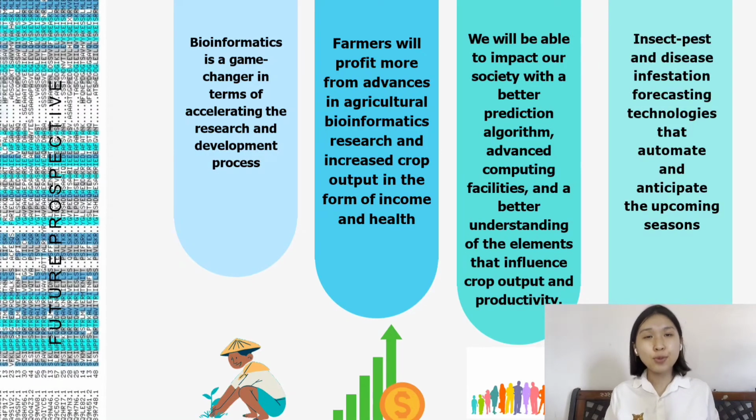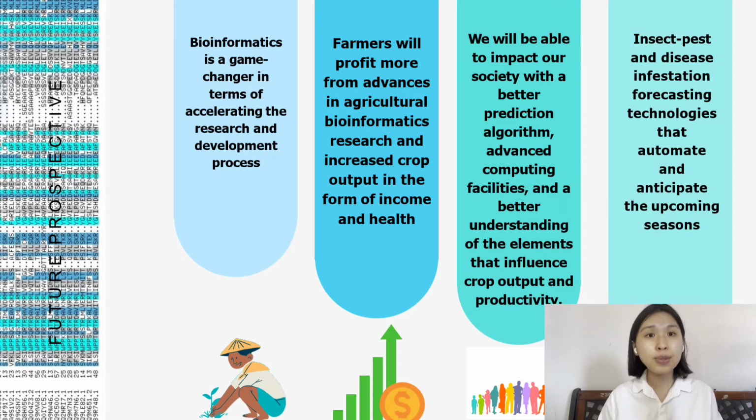Next, let's move on to the future perspective. Firstly, bioinformatics is a game changer in terms of accelerating the research and development process. This is because bioinformatics makes scientists able to submit, search and analyze information in a more accurate and efficient way. For example, lots of tools and applications can be applied, like the BLAST algorithm and gene annotations, as mentioned before.